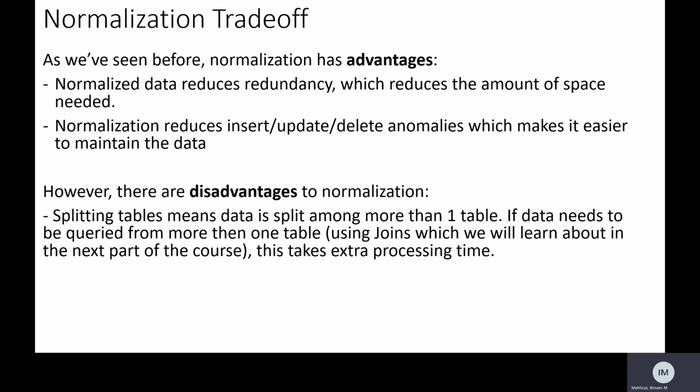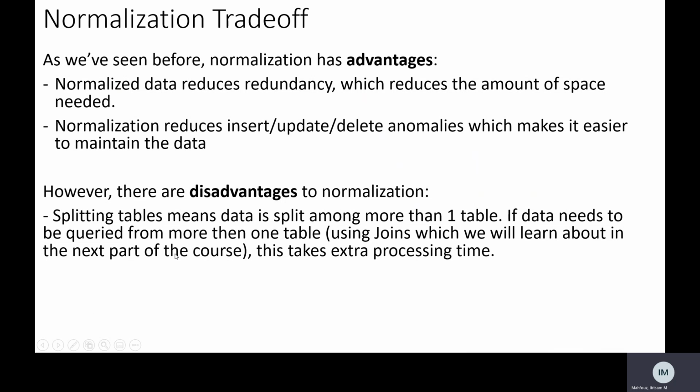Now, there are some disadvantages to normalization where we are splitting the data. So now if I want to get some piece of information, I might have to go look in several tables. So if I want to know how many classes a student still needs to graduate, I need to go from their banner ID, jump into their major.